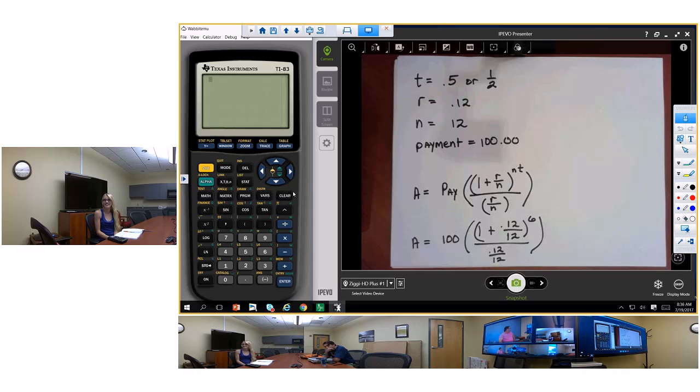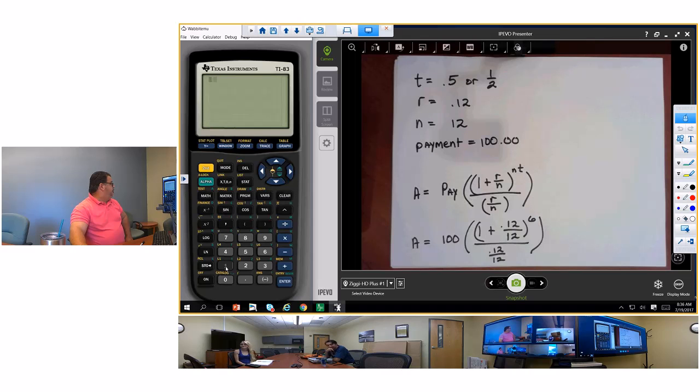So now I'm going to take 100 times parentheses alpha N divided by alpha D, close parentheses, the numerator divided by the denominator, and that's equal to $10,615.20.